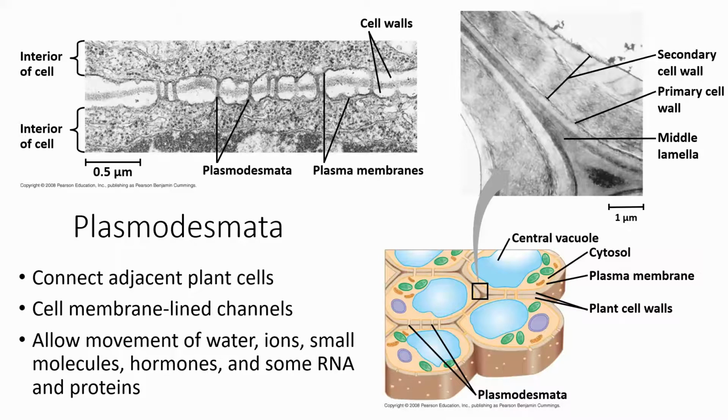So let's say that you start out with some molecules over here in this cell, you can actually travel through the plasmodesma and move to the next cell without having to pass through a pesky cell membrane or a cell wall. So there is continuous cytoplasm through them. This can allow water, ions, hormones, even some small RNAs, some proteins to move from cell to cell.